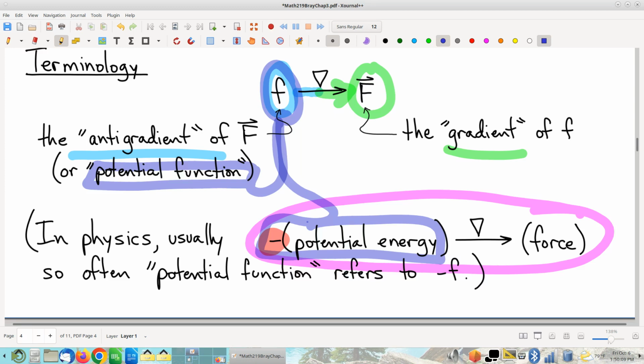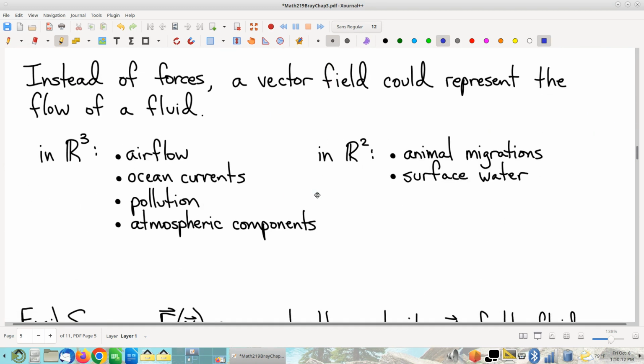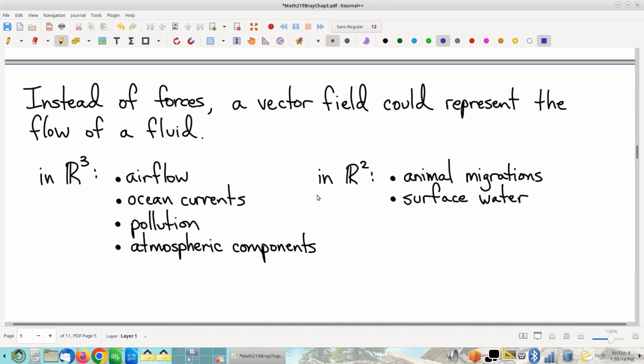Okay, so we've seen a bunch of forces that can be represented with vector fields. I want to point out, and we're going to do several observations with how vector fields can be used to represent fluid flows. This is another situation where at any given point you can associate a vector, which is what a vector field is.